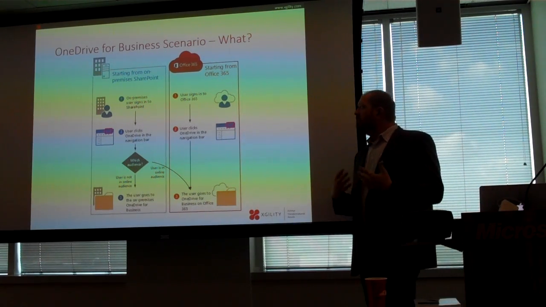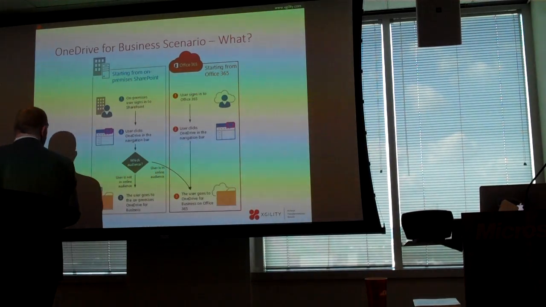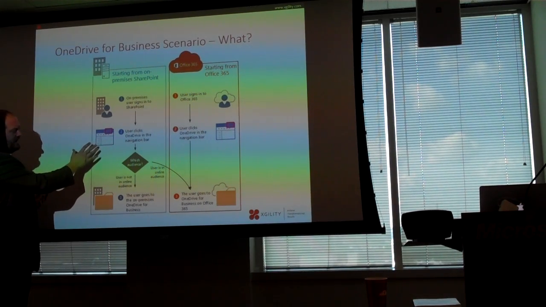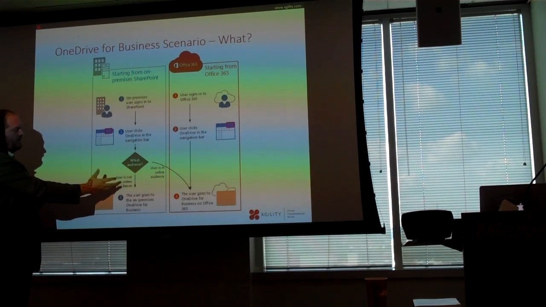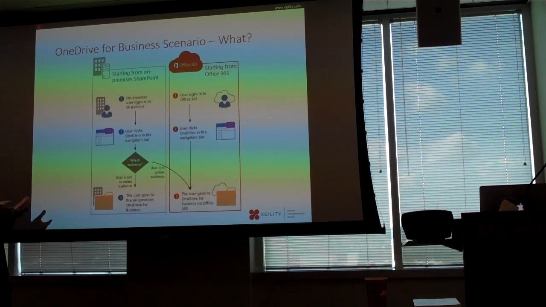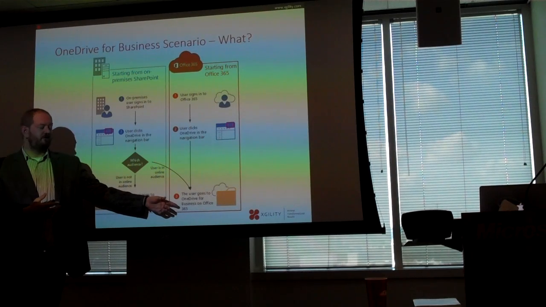You have your on-premises SharePoint environment. You configure it so that when a user clicks on the OneDrive navigation pane or link, it tries to determine what audience the user belongs to. If the user is in an audience that is enabled for OneDrive Online, it redirects them to OneDrive for Business in Office 365.